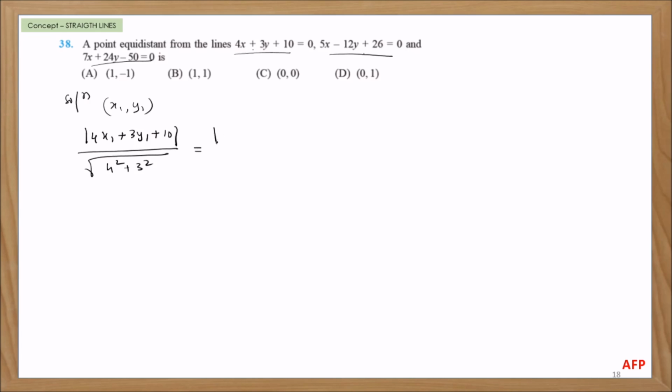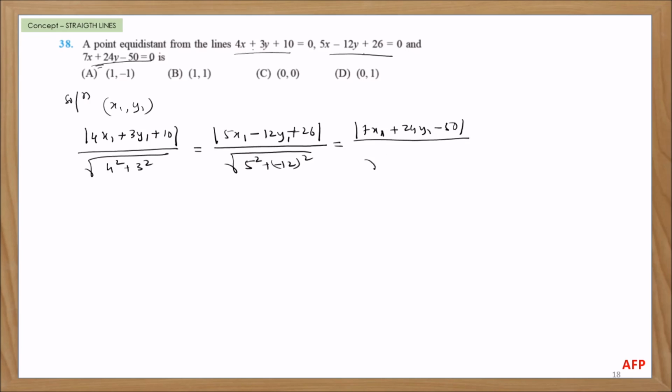It must be equal to the next line: 5x1 minus 12y1 plus 26 divided by square root of 5 square plus 12 square. It must be equal to this line: 7x1 plus 24y1 minus 50 divided by square root of 7 square plus 24 square.